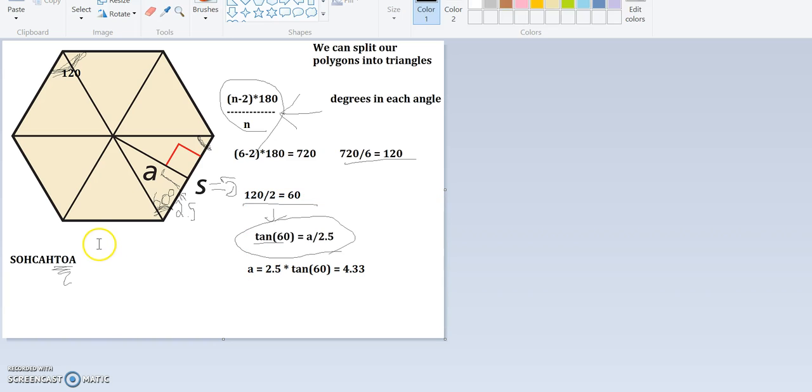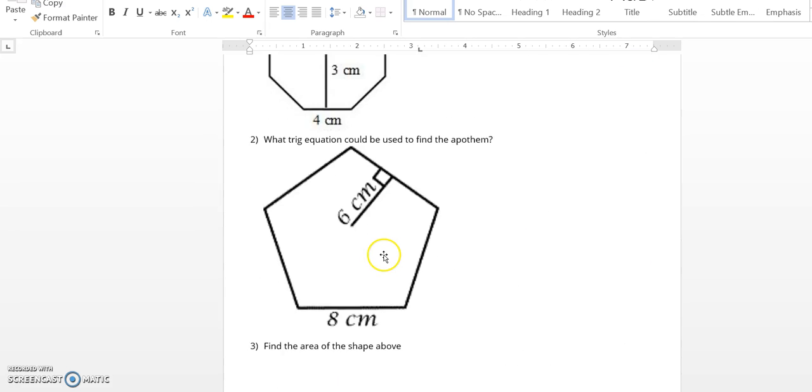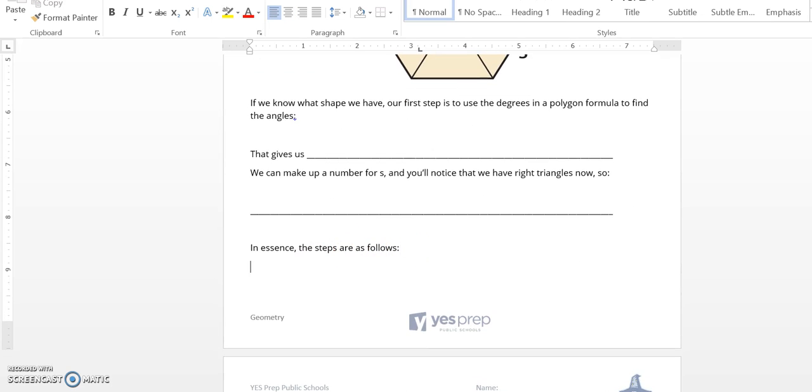So our 3 steps, there are essentially 3 steps you have to follow all the time, no matter what, right? Step 1 here, find each angle in the polygon. Step 2, find the side angles in each triangle.